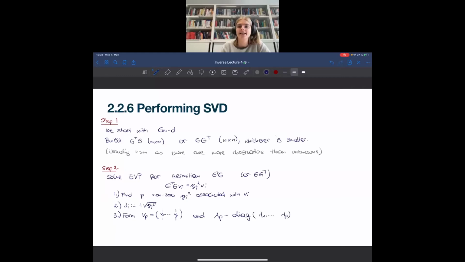And remember, once again, we order the eigenvalues so that lambda 1 has the greatest absolute value, followed by lambda 2, and so on, followed by lambda p being the last, and they are all strictly greater than 0.